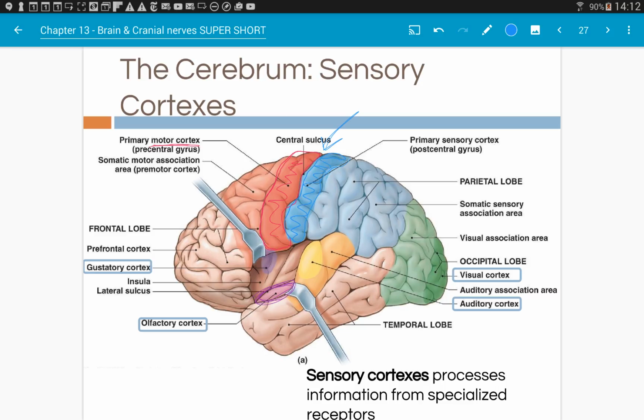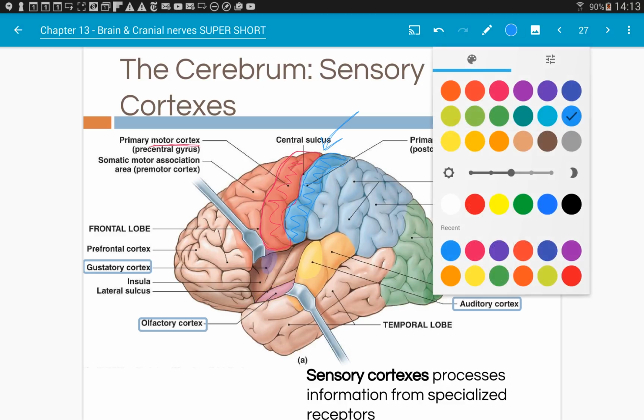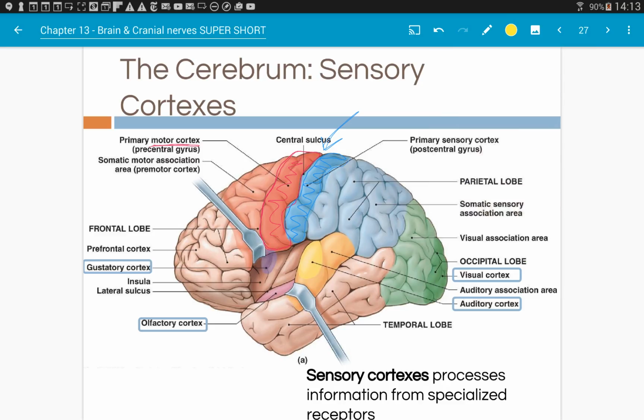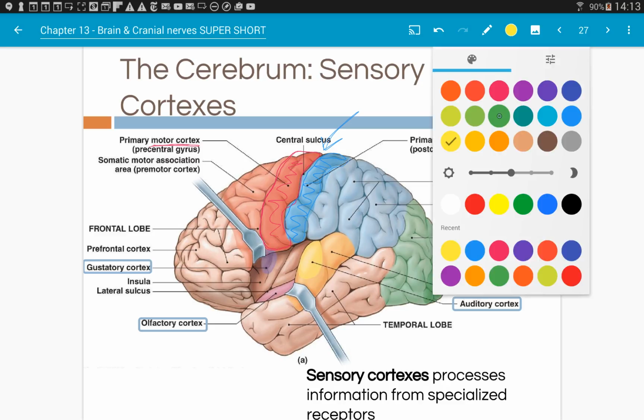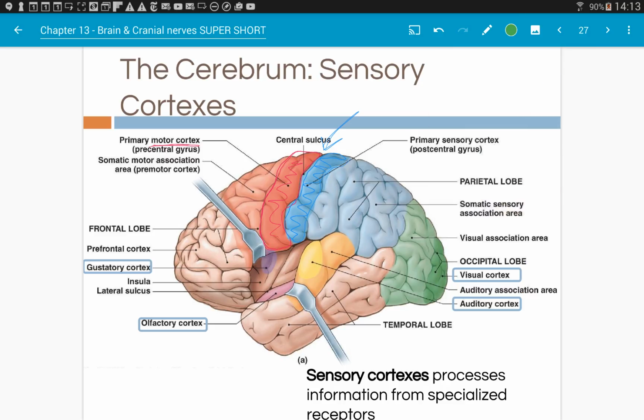A couple others that are interesting. Next we have a region, the visual cortex, and I am coloring this in green, so sorry, I just wanted to match colors. It's this most posterior region of the occipital lobe.